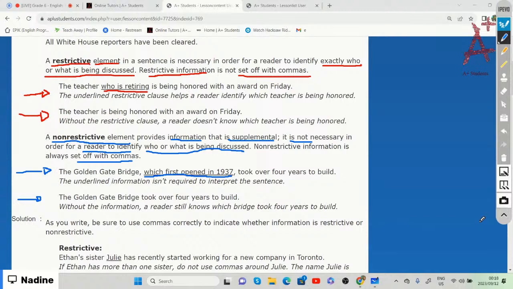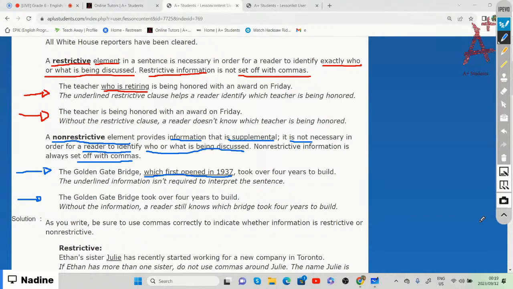All of us know where the Golden Gate Bridge is. Not all of us, but in the sense that they are specifically stating the name of the bridge, so you would know which bridge it is. So we know that the Golden Gate Bridge took over 4 years to build.